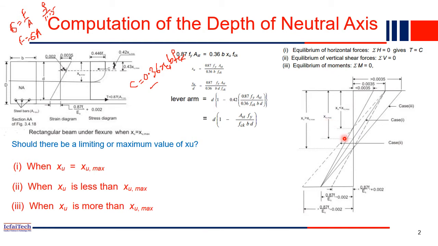In case 1 the neutral axis was this one. Now we reduced it, and the neutral axis went up here. So XU is now up to this much. In this case, the concrete strain has reached the maximum. What about the steel strain? The steel strain is beyond the maximum capacity here. That is case 2.